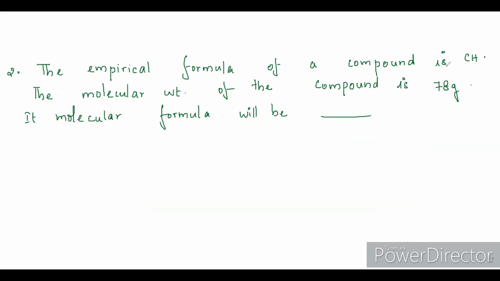Empirical formula of a compound is CH. Then, what is the molecular formula if the molecular weight is 78? Now, let's quickly find out the empirical formula weight.